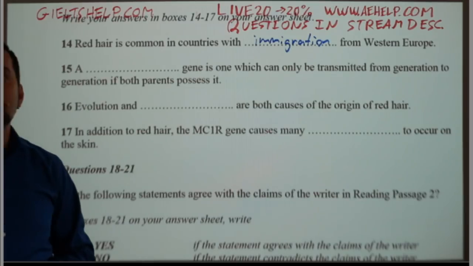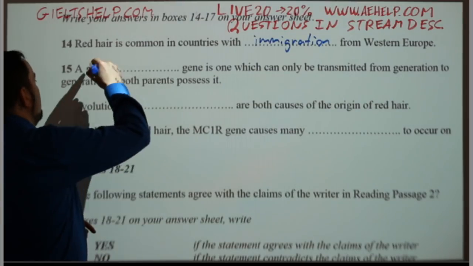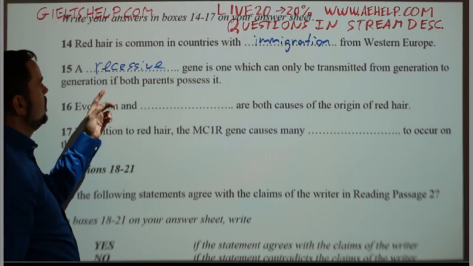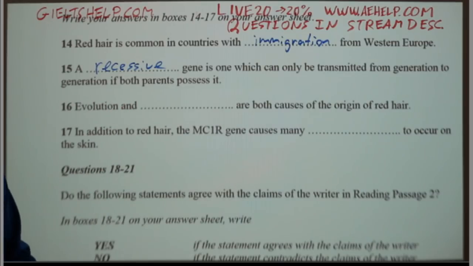For those of you who've studied genetics, you probably know the answer to this one. Yes, absolutely, recessive. By the way, quick question, guys and girls. What's the opposite of a recessive gene? What is the opposite of the recessive gene?